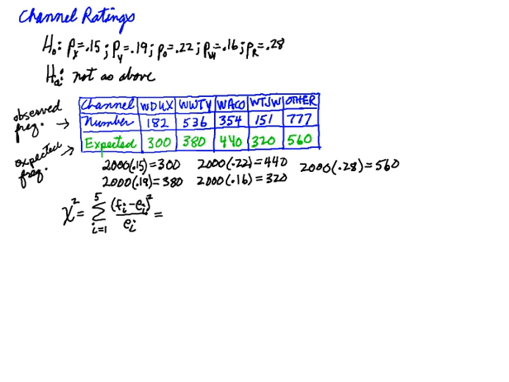So starting with WDUX, my first percentage there, I'll take 182, subtract 300, square that, divided by 300, the expected. And then I'll take 536, subtract 380, that difference squared, divided by the 380. 354, just working right across each station there, trying to compare the observed frequency to what we would have expected if the null was true.